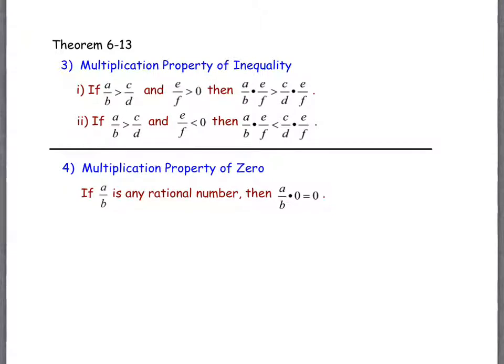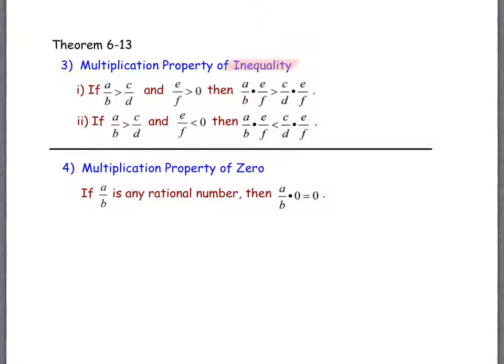The next one is a very similar property, but notice what's changed. How is this title different than the last one? Inequality. Inequality means those less than, greater than kind of symbols, right? So as long as there's an equal sign between them, it doesn't matter what number's multiplied by on the left or the right as long as they match.